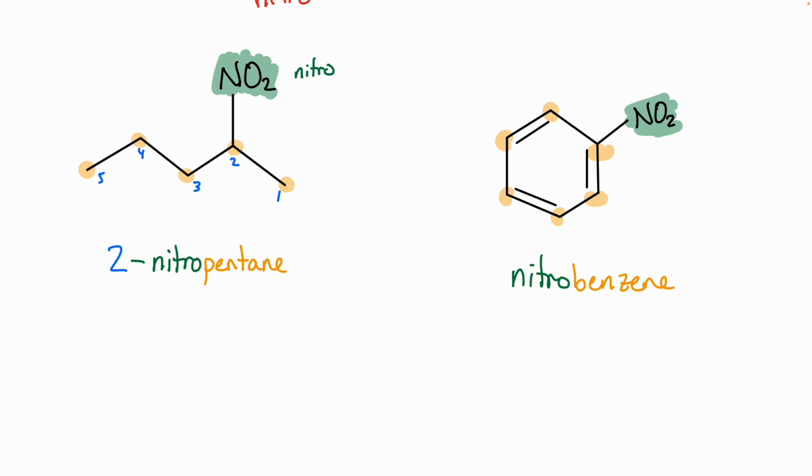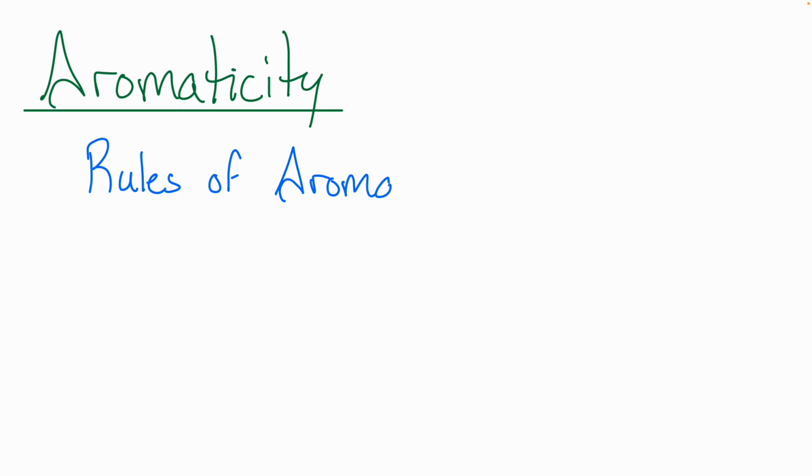All right. Now we're going to move on to the heart of the chapter, what's called aromaticity. In order to be classified as an aromatic compound, we're going to call these our rules of aromaticity.